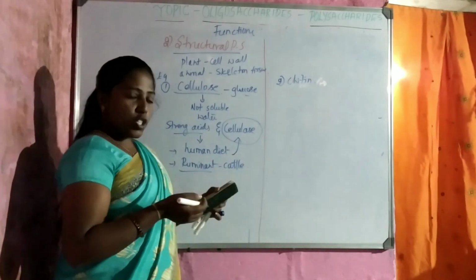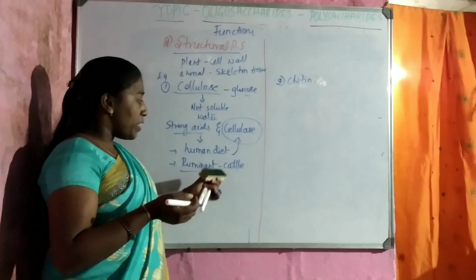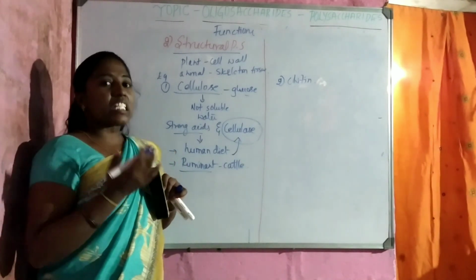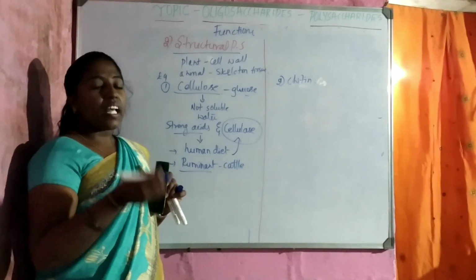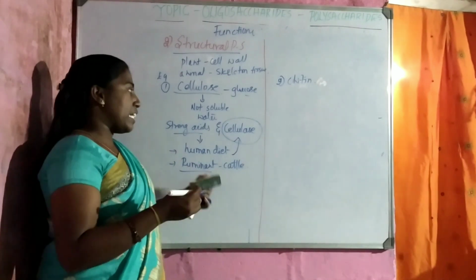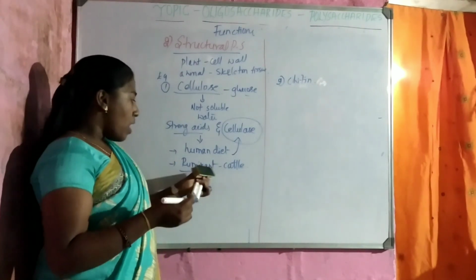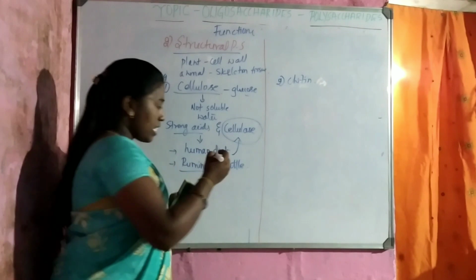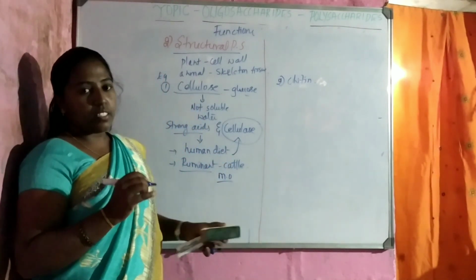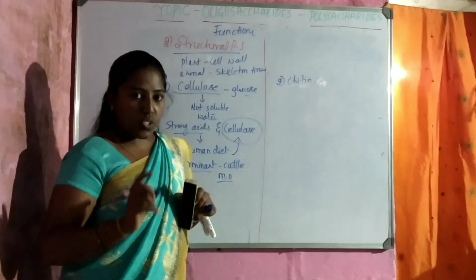In ruminant cattle, the cellulose gets digested. What is the reason? There are some bacteria, microbes, living in the gut of ruminant cattle which help in the digestion.